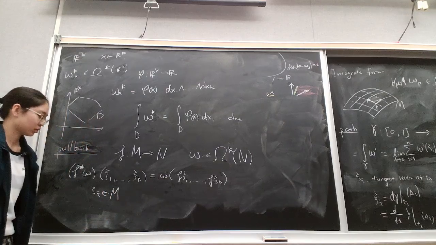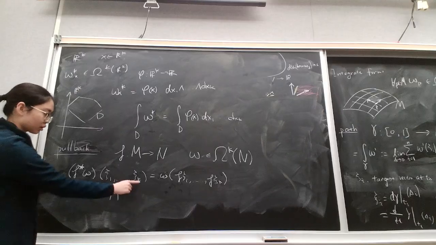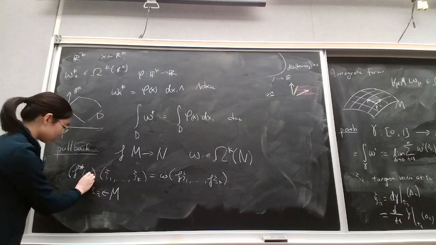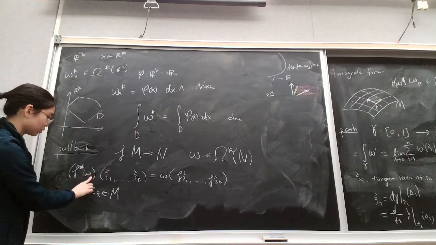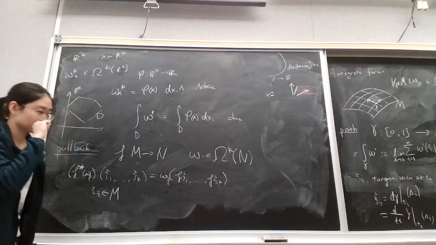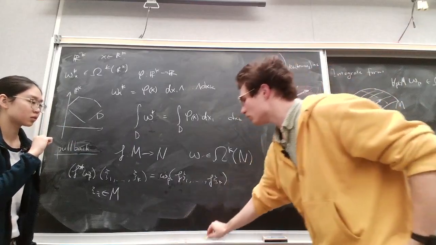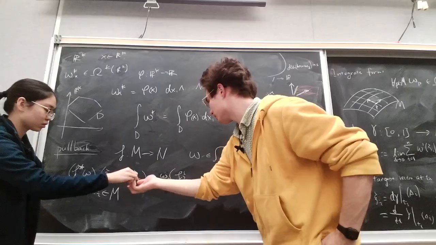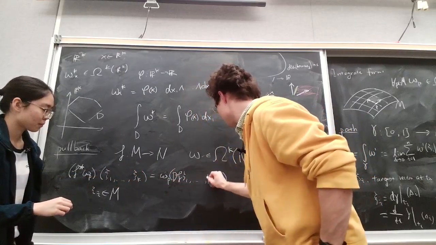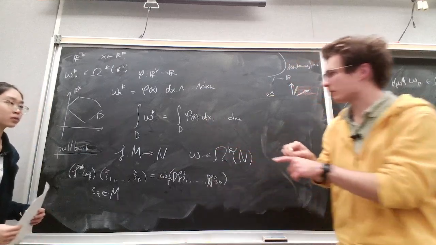The k vectors in M. M is a manifold, so first you need to specify the point, and the other thing is not F. F does not map vectors; F maps points. What you want is df to be mapping the vectors, because the things you plug into this volume form are tangent vectors.